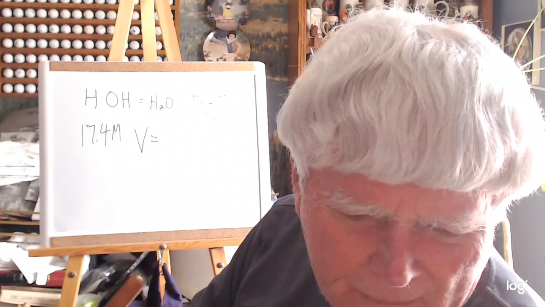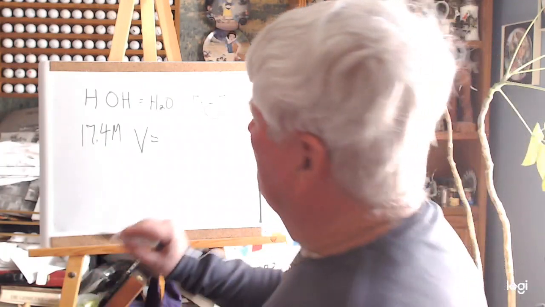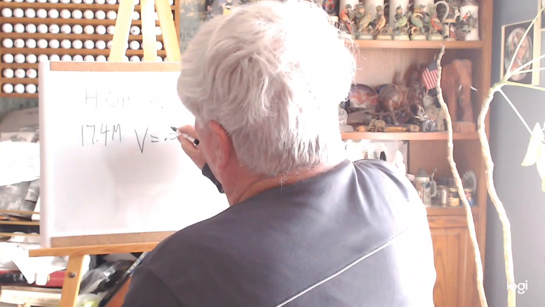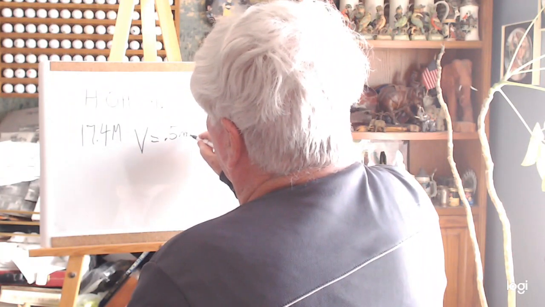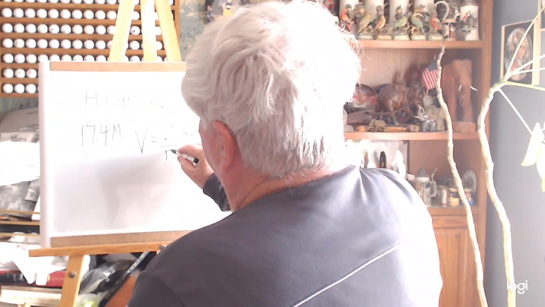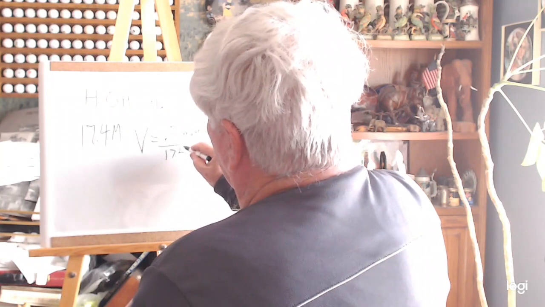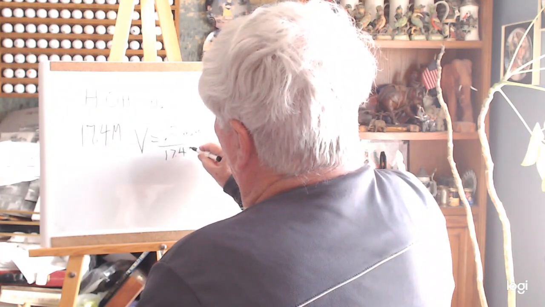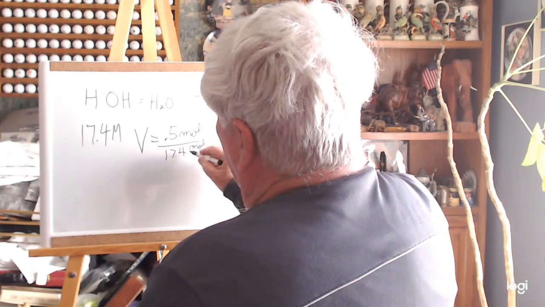So you take your 500 milliliters, and that becomes 0.5 moles, divided by your 17.4, that breaks down to moles per liter.